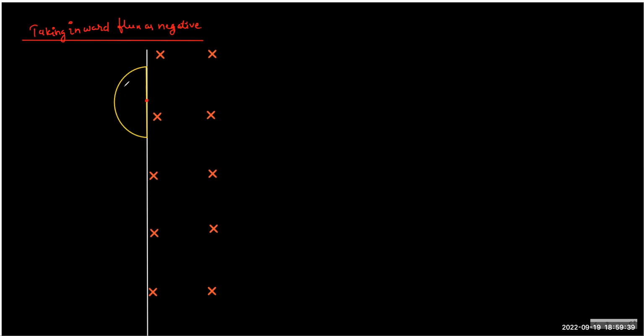And now this loop is rotating clockwise, let's say, with constant angular velocity omega.